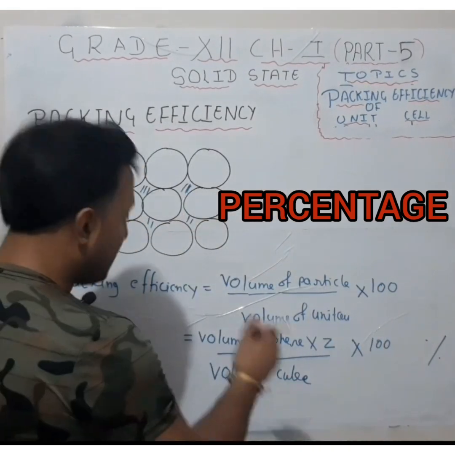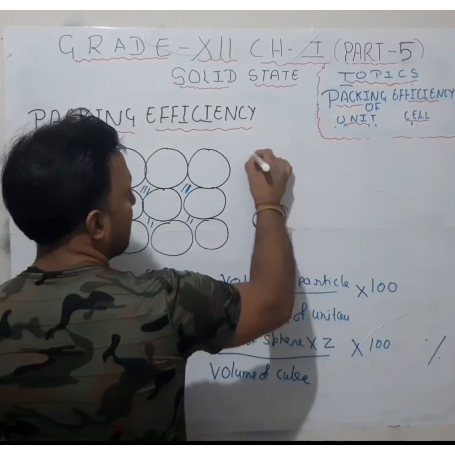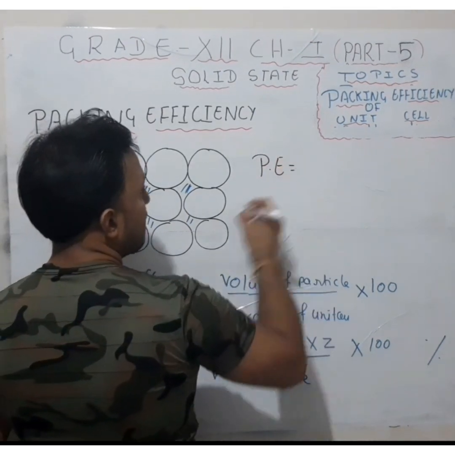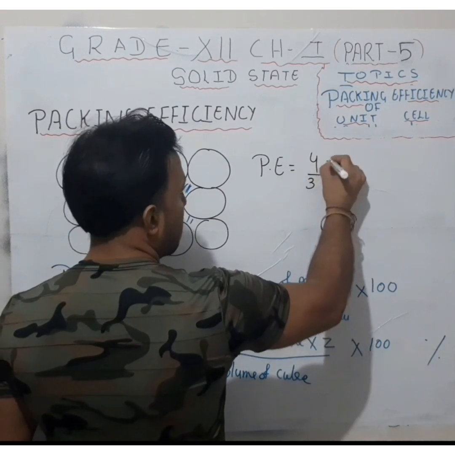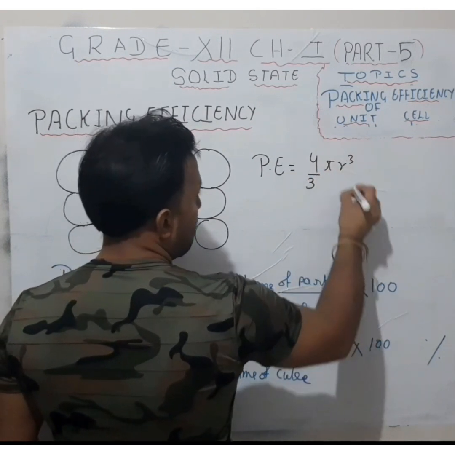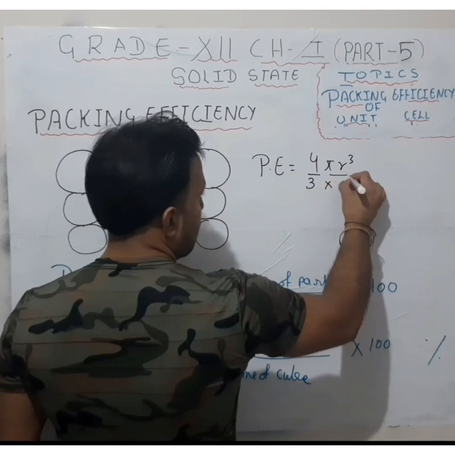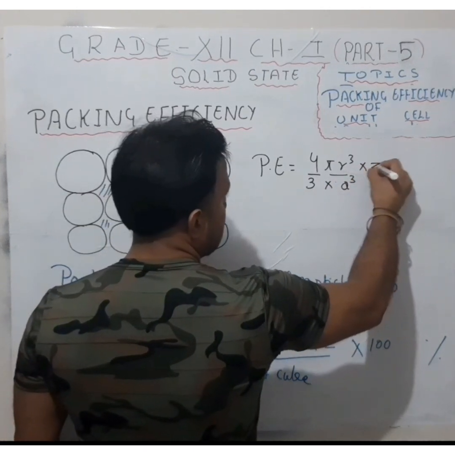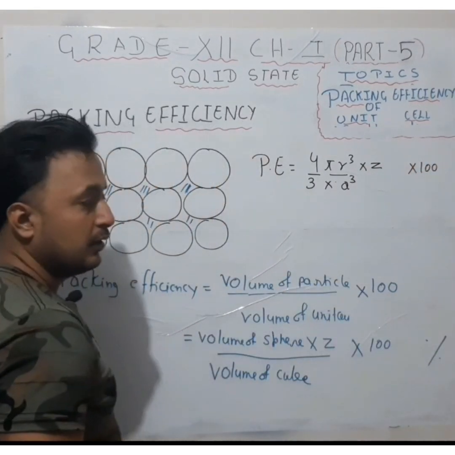So finally, the formula which we get for finding the packing efficiency, I am writing in short as PE for packing efficiency. It will be PE = (4/3 π r³ × Z) / a³, and the whole fraction is going to be multiplied by 100.